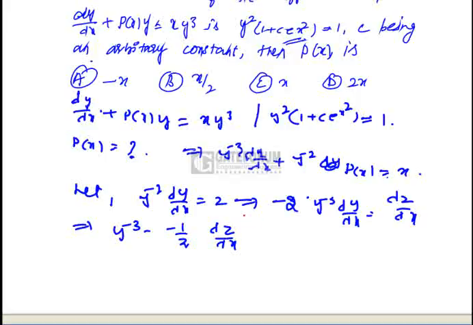Now let us substitute these values of y^(−2) and y^(−3) in the differential equation. So it will be −1/2 dz/dx, and the p(x) term will be as it is, and y^(−2) is nothing but z, equals x.